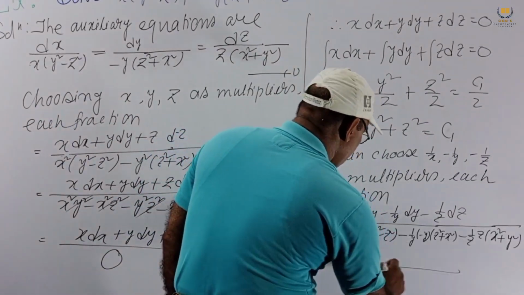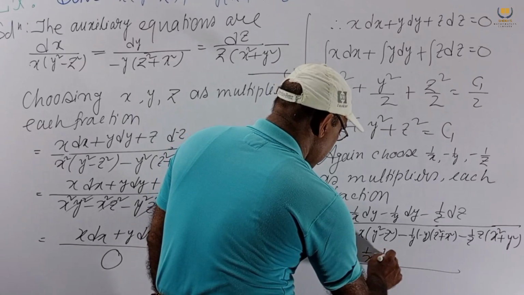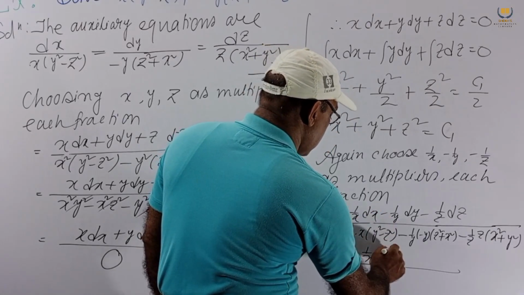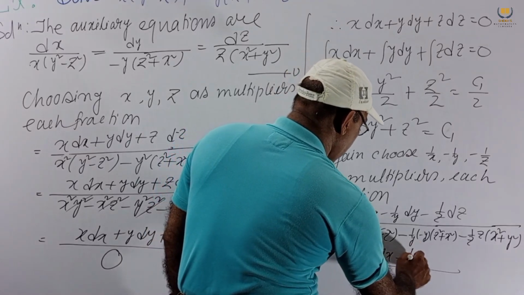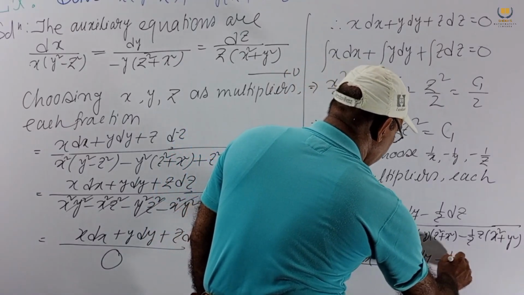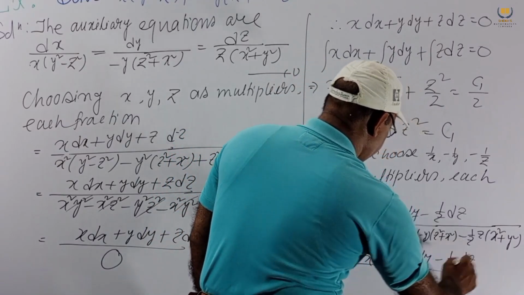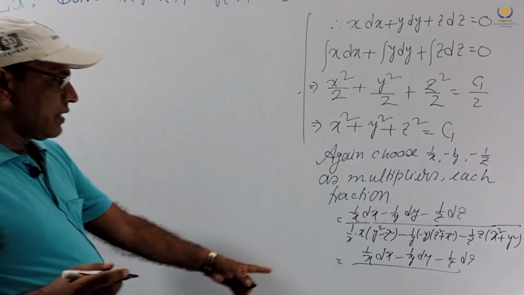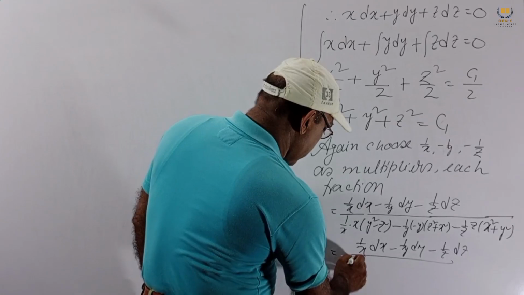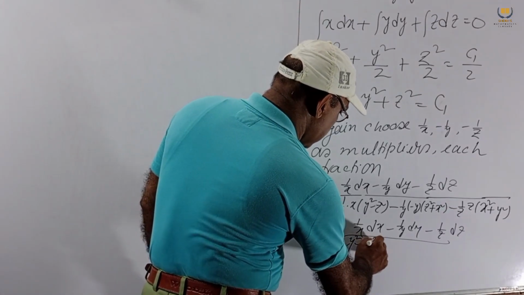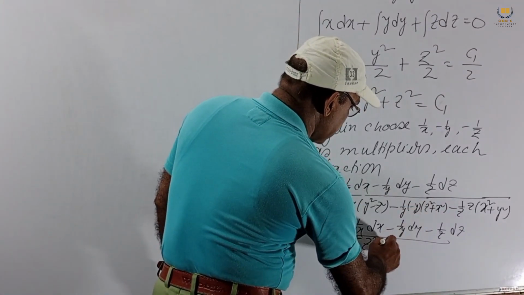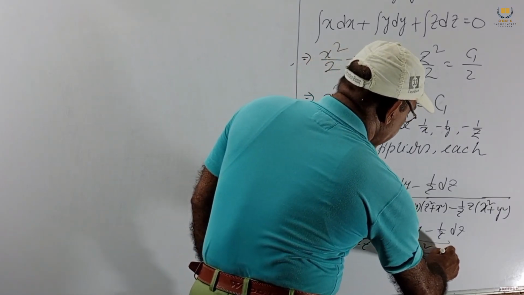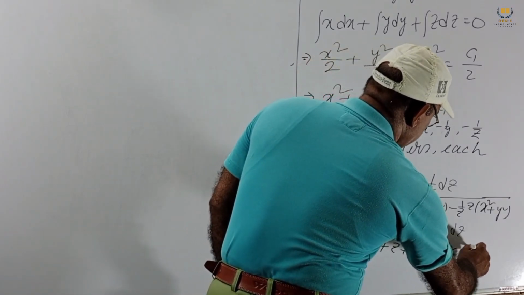And this will be 1 by x dx, 1 by y dy, 1 by z dz. The x cancels, this x cancels, we get y square minus z square, y cancels plus z square plus x square, z cancels, x square minus y square.